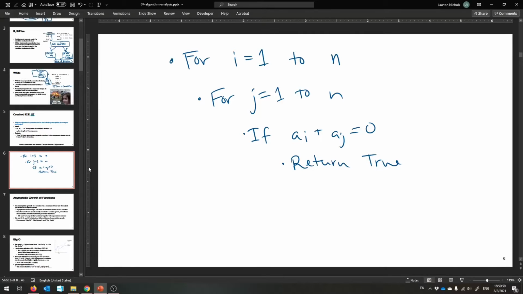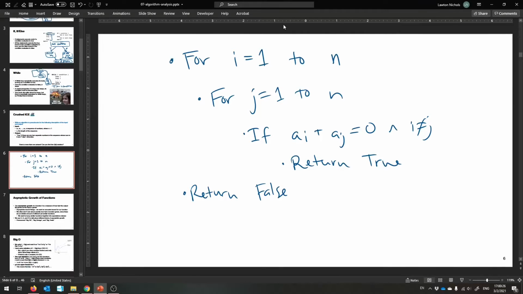Okay, and then if we tried this whole thing and nothing worked, we should return false. That's the algorithm. Did you come up with that one? So it's essentially pick two indices, try them, and see if they sum to be 0, if they did return true. I guess technically you should also check that I is not equal to j, because we don't want to use the same one twice, but there's a better way.